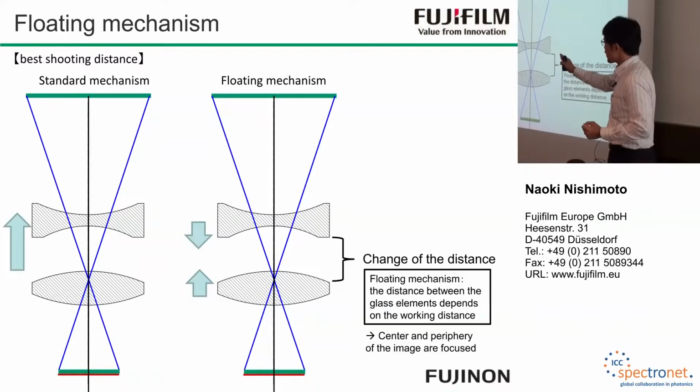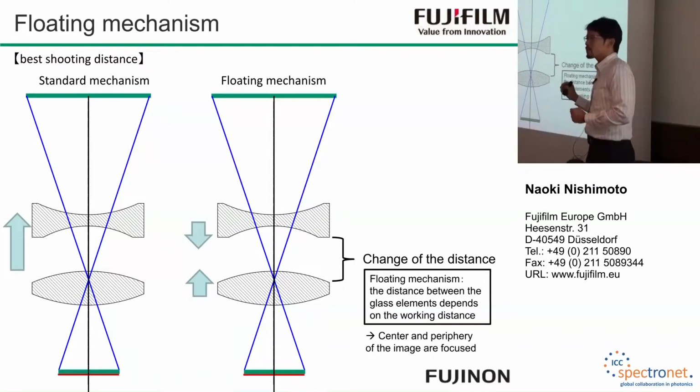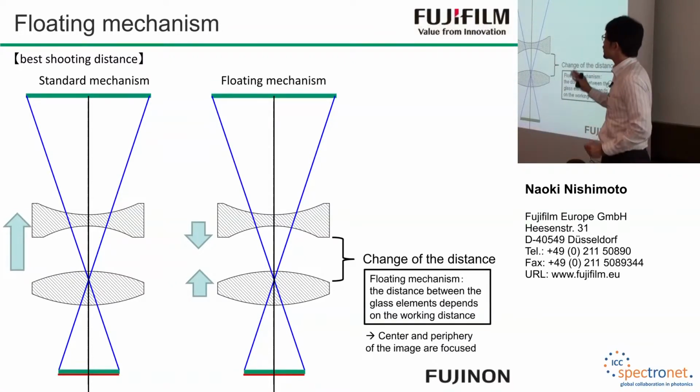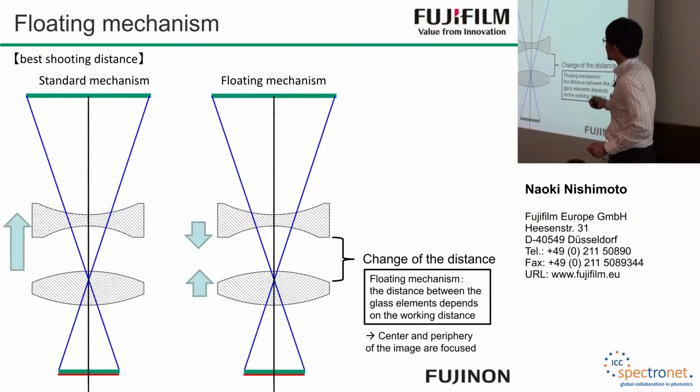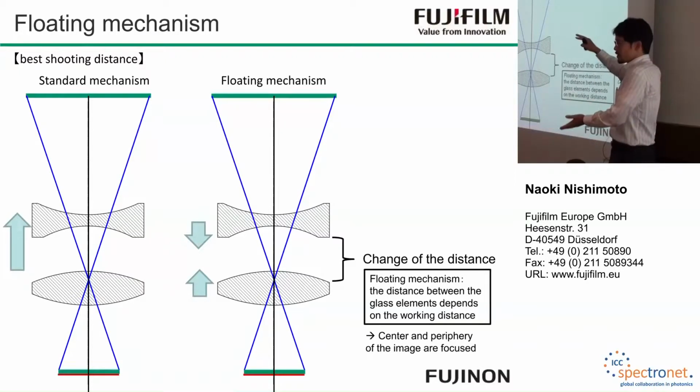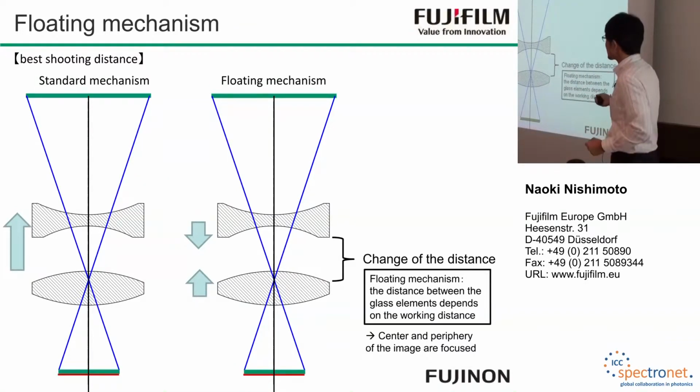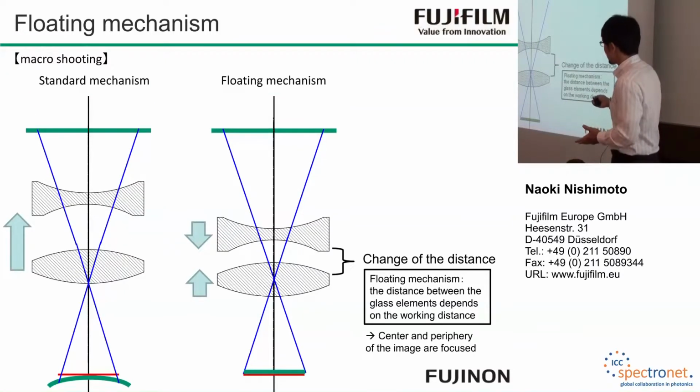On the other hand, once the condition, for example distance, is changed, then we lose performance with the standard lens. Then floating lens. Since we can design lens group positions according to the different object positions and F numbers and so on, we can design according to the condition.